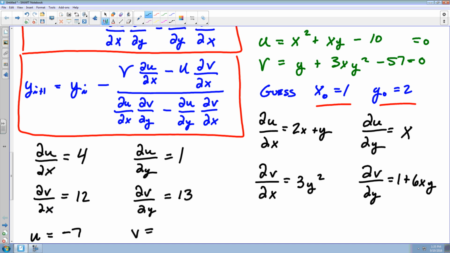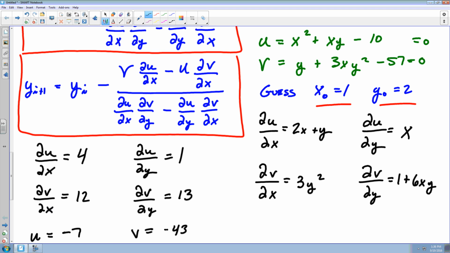Okay, so this is a little trickier. We got 2 plus 3xy squared. 3 times 1 times 2 squared, because y squared is 2 squared, so that's 4. 4 times 1 times 3 is 12. 12 plus 2 is 14. 14 minus 57. What's 14 minus 57? Negative 43.